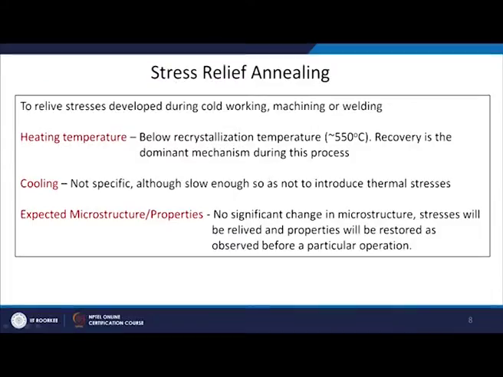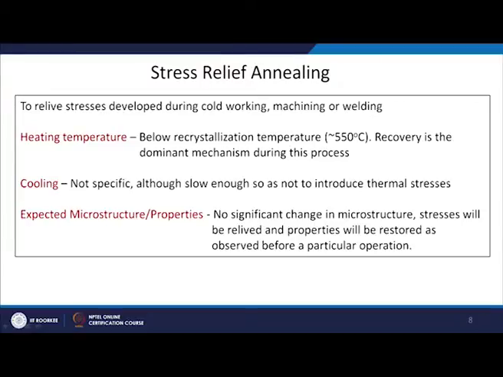So, we have to do a stress relieving operation, to relieve stresses developed during cold working, during any forming, rolling or extrusion operation, or any cold working, machining or welding process. Whatever stresses you develop can be relieved by stress relief annealing.